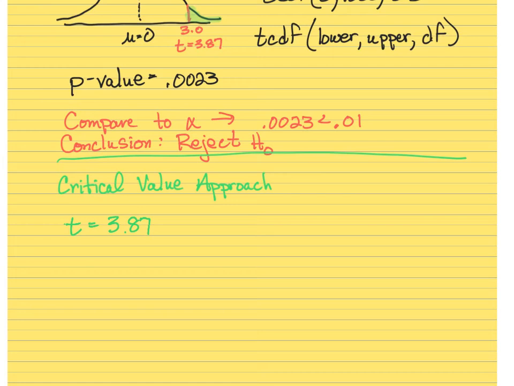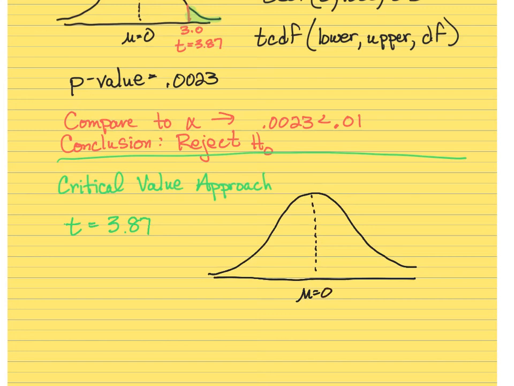But the critical value approach asks us to draw the picture, right? So here's our distribution with the mean of 0. And now we use our table to find the critical value, which is, remember, the table we're talking about is the student t-distribution table.